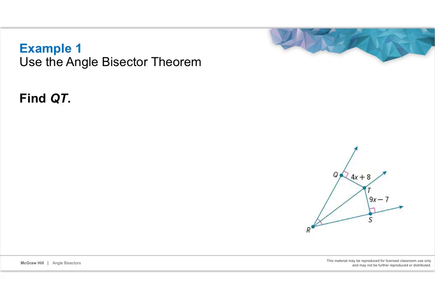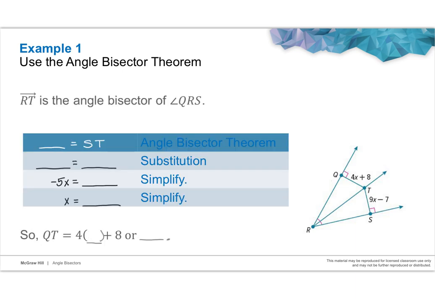So in example one, if we use this angle bisector theorem here to find the length of QT, we'll notice that we need to solve for x and substitute that. But let's see what we can do with this theorem. Notice we do see the arc marks that prove that it is an angle bisector. And so first of all, we have that our two segments are equal in length. So QT is going to be equal to ST. Once we know that, we can substitute their expressions.